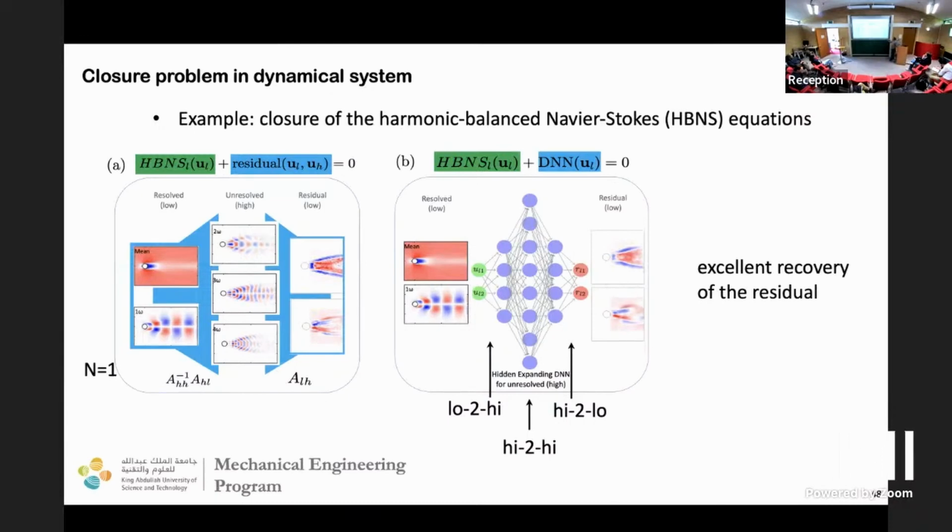And this is the residual that we actually capture that is properly closing just a system of 2 frequencies. And this thing is remarkably close to over here. This one is fully recovered without actually ever having the high dimensions, or the high frequency modes.